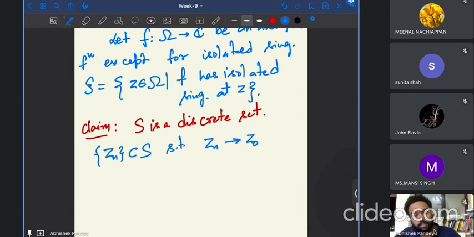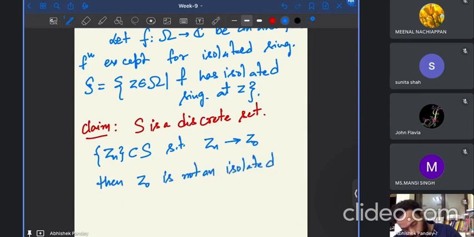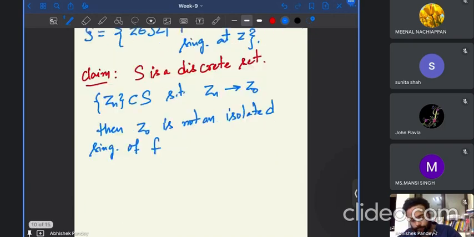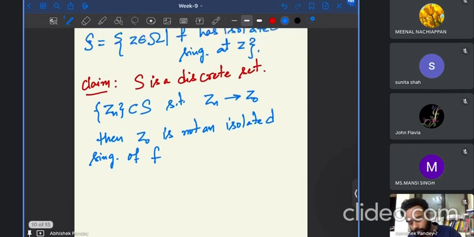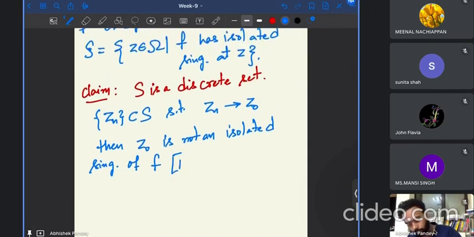Because if z naught were an isolated singularity, okay, if you take any neighborhood of z naught, that neighborhood will contain these points z_n.